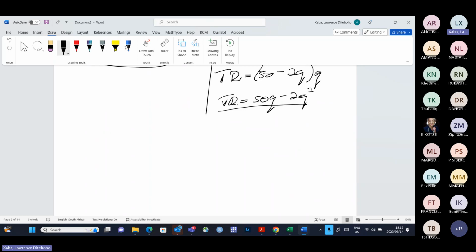For doing this, we want to know what is our total revenue. How much are we going to sell our product for, for us to increase our total revenue?